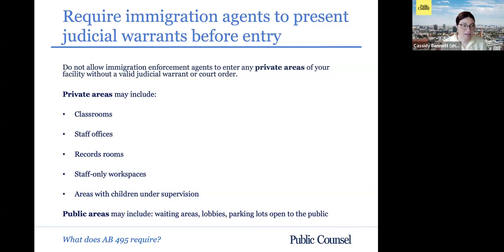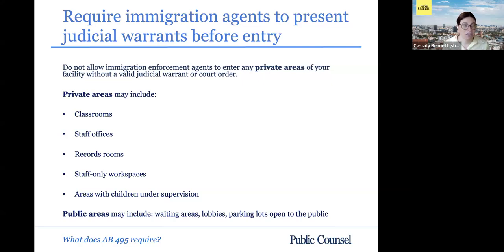But a private area is a space where individuals have a reasonable expectation of privacy. And that may include classrooms, staff offices, records rooms, staff-only workspaces, areas with children under supervision, etc. That can be very specific to your building and your setup.